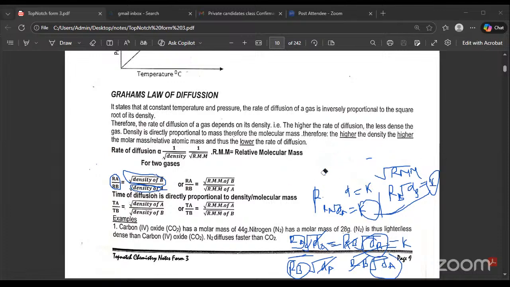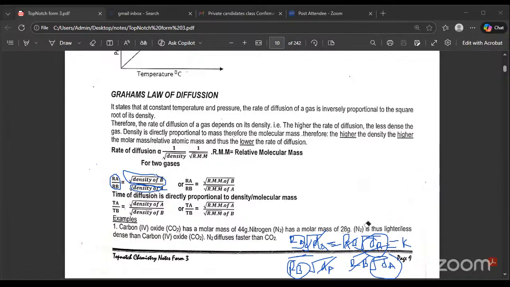So actually, if you forgot the formula in the exam room, you don't have to be worried. You can come up with the formula by yourself, using the law itself, which is Graham's law of diffusion. Because now the density is directly proportional to the molar mass, I just replace where there is density, I put RAM of that particular gas.